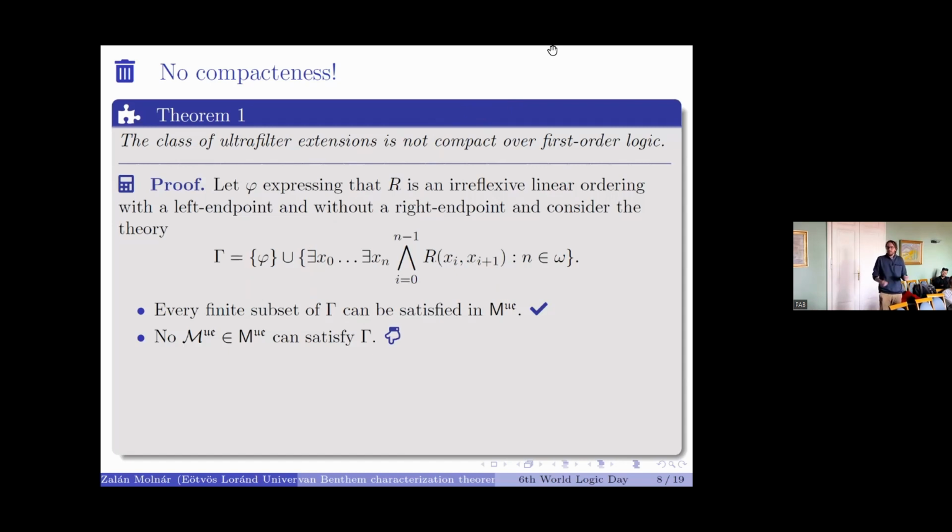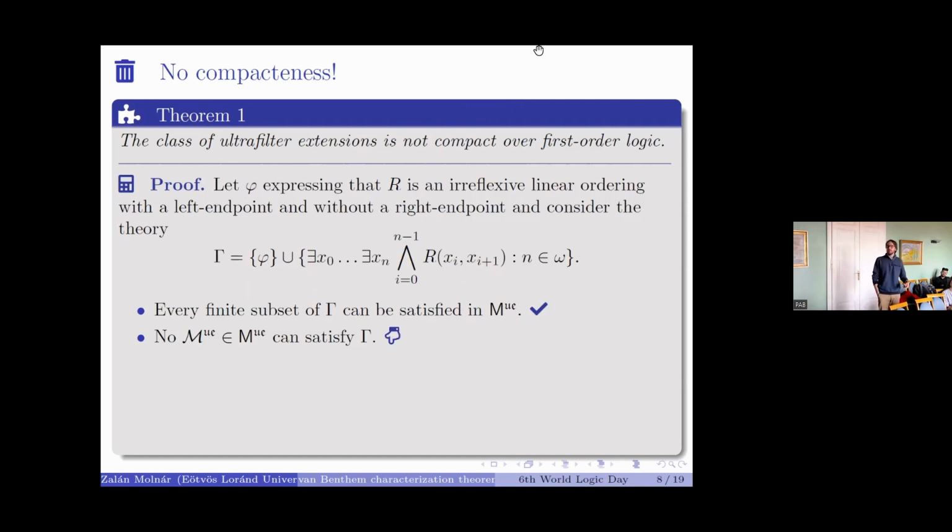Because take the initial segment of the natural numbers, this structure is isomorphic to an ultrafilter extension, so definitely this structure will be in this class. That's why it is satisfied.